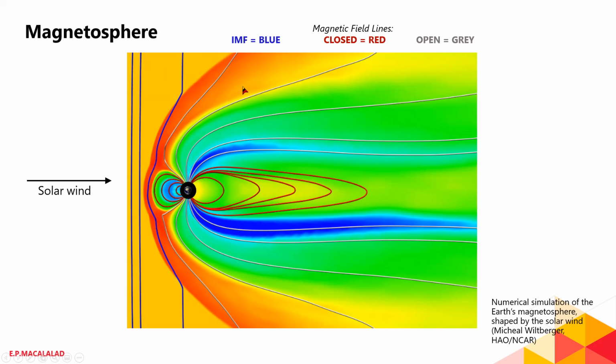My point is that while it looks like an open field line, it definitely will close. Let's say it interacts with the magnetic field line of the interplanetary medium. Or, for example, at the magnetotail, this magnetic field line will actually close at the magnetotail, around 100 to 200 Earth radii. So this is very, very far.